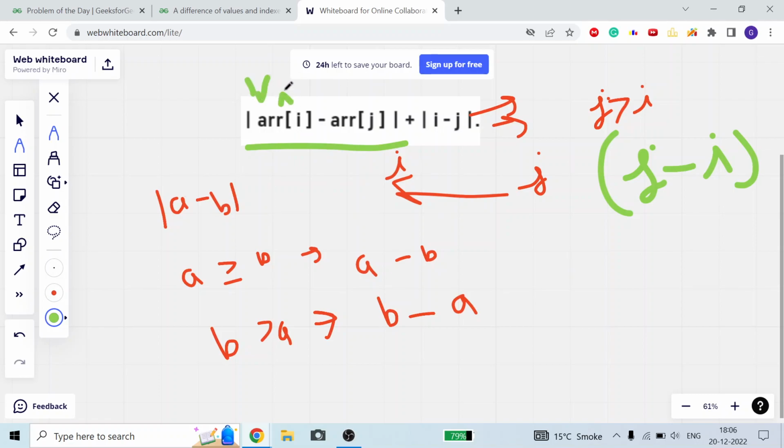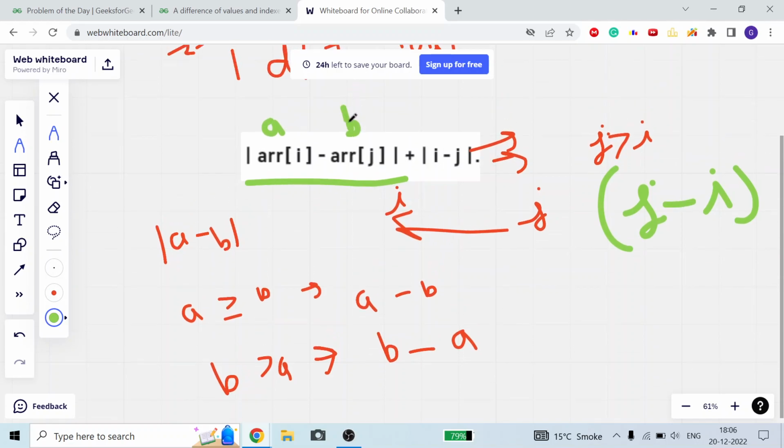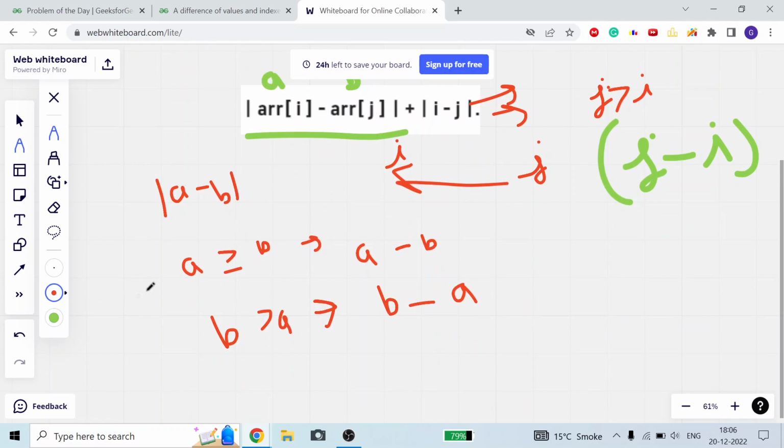For simplicity, suppose it is a and b. Now this a minus b can be written as a is arr i, that is vi, minus b, and b is vj.